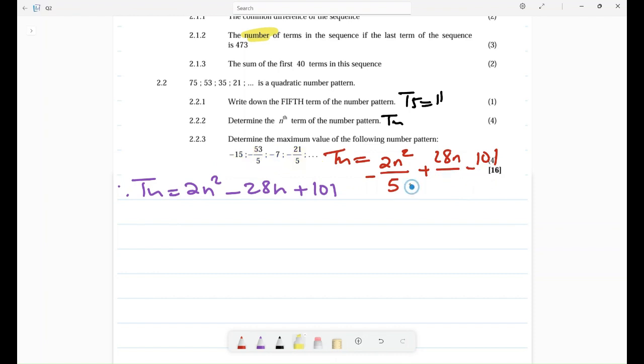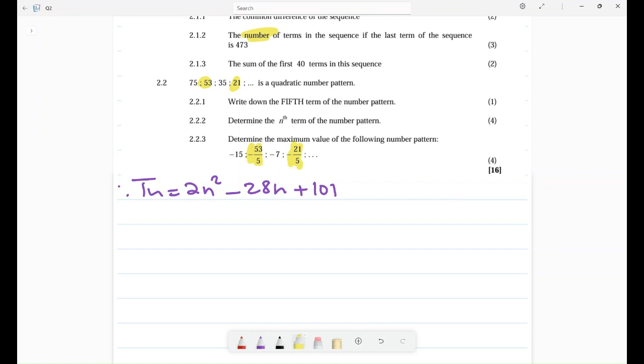But now, remember we are dealing with a number pattern here, so you should try to see a pattern between the two equations. Why would they bring another number pattern whereas you have one here? Unless there is a pattern. Now, as I was looking at this, I saw 53 here is negative 53 divided by 5, and 21 here is negative 21 divided by 5.